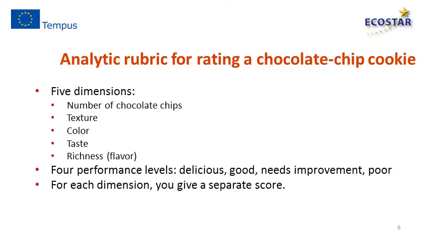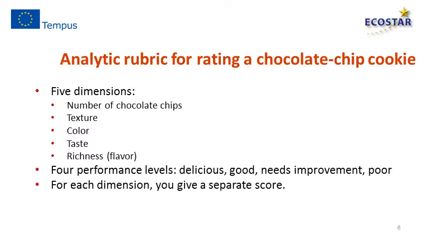So the analytic rubric for rating a chocolate chip cookie, just to sum it up, has 5 dimensions: the number of chips, texture, color, taste, richness. There are 4 performance levels or scaling points: delicious, good, needs improvement, poor. And when you use an analytic rubric, for each dimension, you give a separate score. So you end up with 5 different scores.